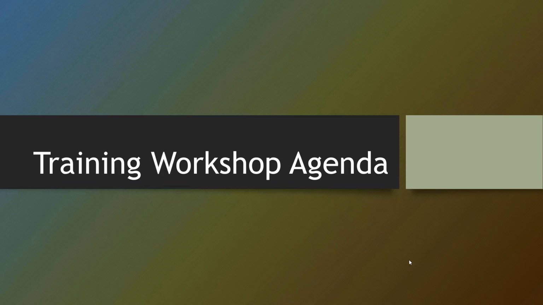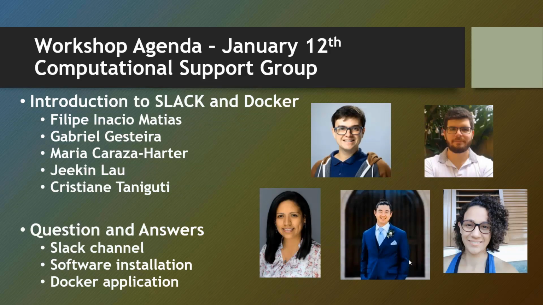So what are we going to do in this first training workshop? Well, yesterday, if you joined us at the Computational Support Group, these 5 young scientists helped the group install their software, answer questions, and explain what a Slack channel is and how to use it. We had about 160 participants in that workshop.